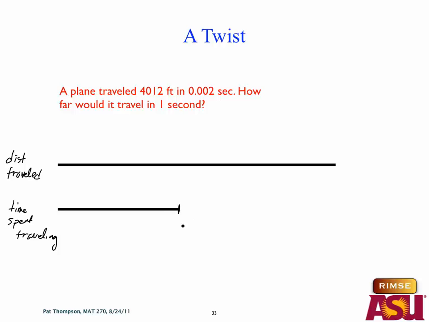Now we're going to make this 1 second. So just from the beginning then, what's the length of the distance traveled bar? 4012? We don't know. That's what we're trying to find. The corresponding distance to 1 second.